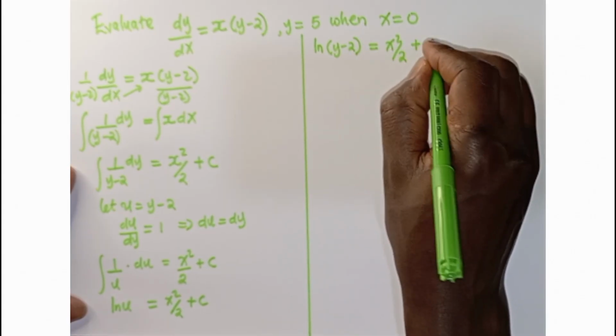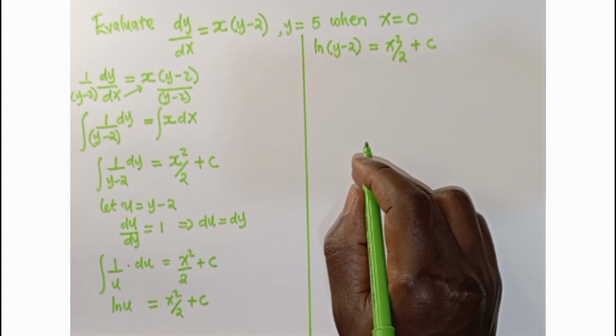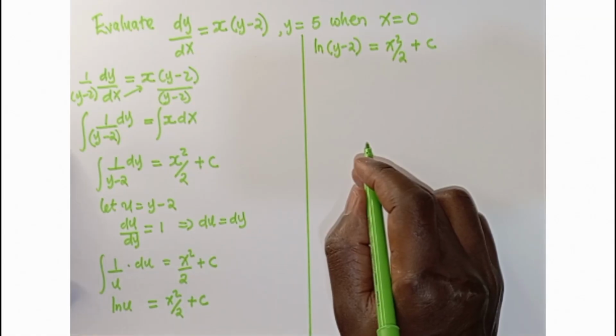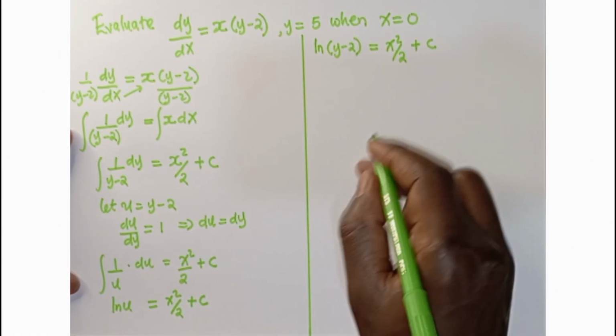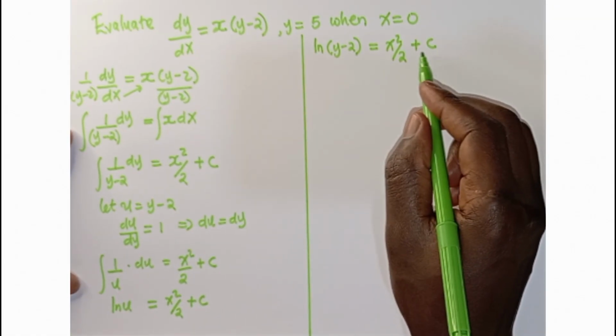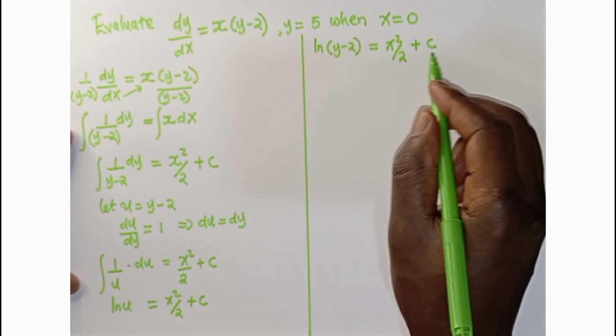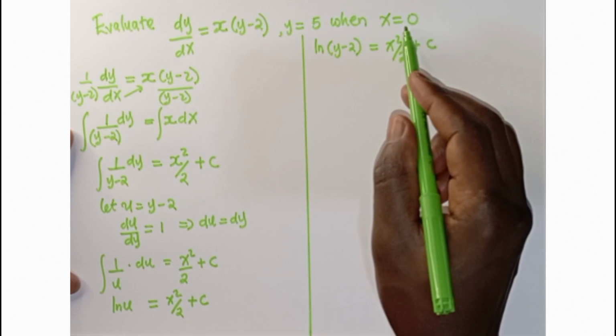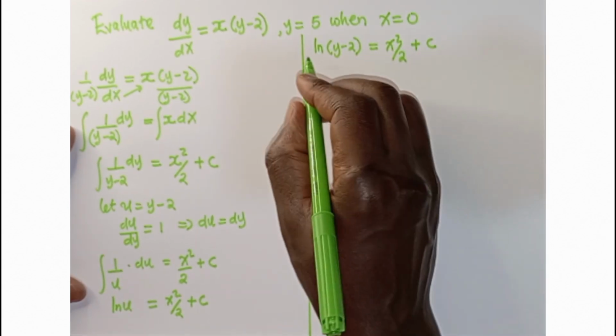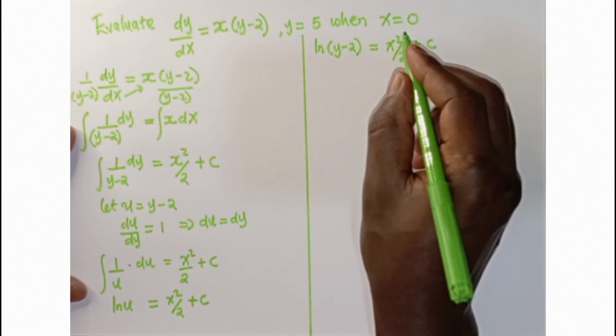Now remember, they told us to evaluate, meaning we have to get the arbitrary constant c. So the constant of integration must be obtained. Therefore, we substitute in our condition. So we say y is 5 and x is 0.